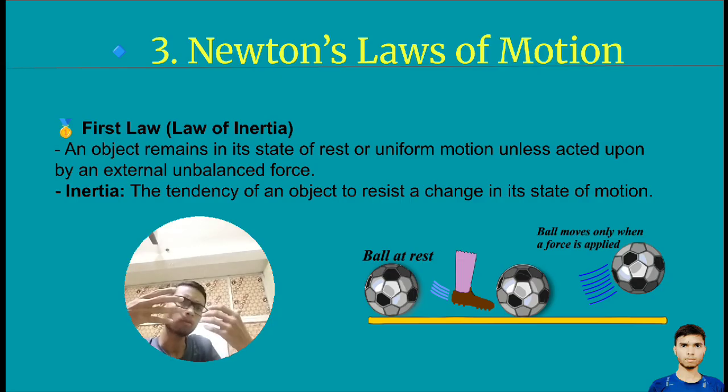So a moving object whose speed is fixed will stay the same. But when we apply an external force on that moving object, then the state of the moving object will be changed. Clear?